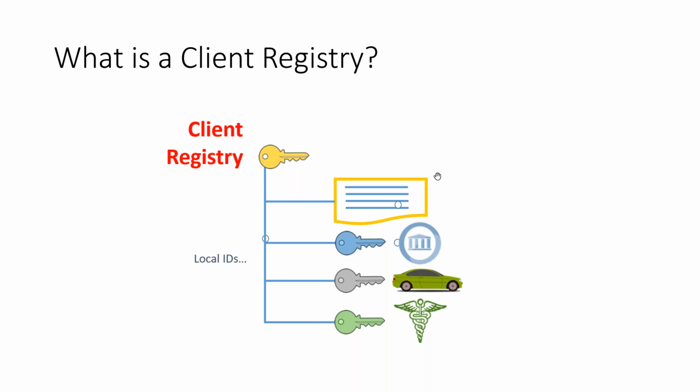So aside from the demographics data, this can also include local IDs from different organizations, like for example your driver license ID or an insurance number. So these local IDs and this demographics data will comprise your client registry.